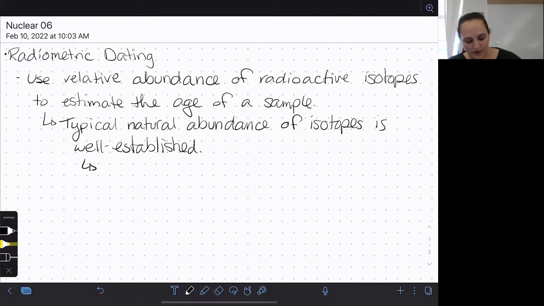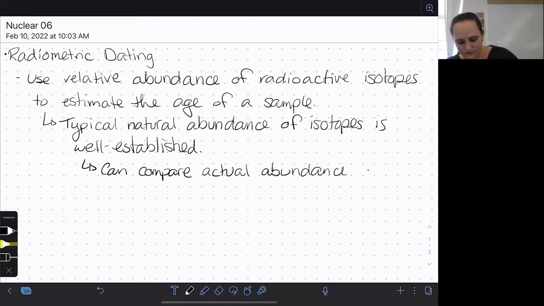So we can compare the actual abundance of an isotope in a sample with its typical natural abundance, is essentially what we're doing in this process.